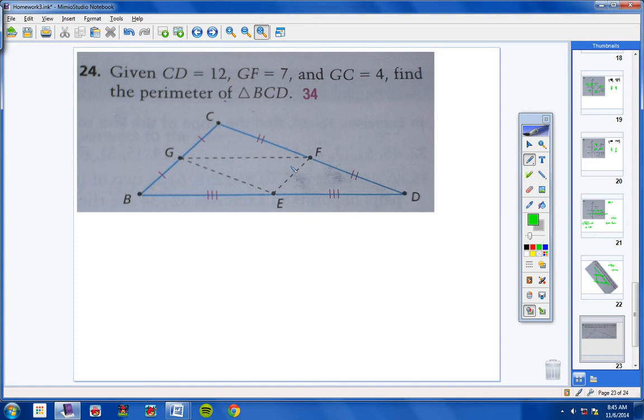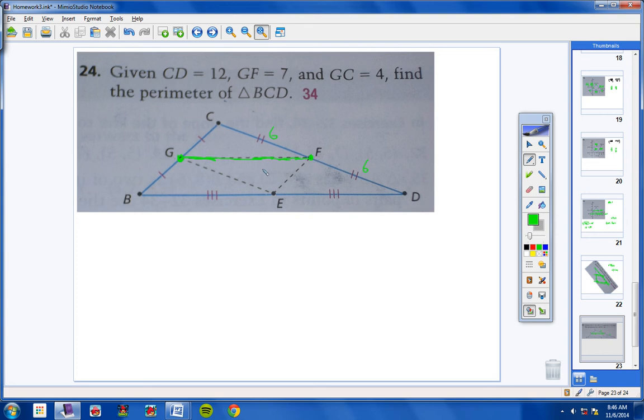Okay, CD is 12, so this whole length here is 12 all the way across. So I'm going to make it easier. I'm just going to put a 6 here and a 6 here, okay? GF is 7. Here's GF. Now notice, guys, that GF is a mid-segment, okay, because this here is a midpoint, and point F is a midpoint.